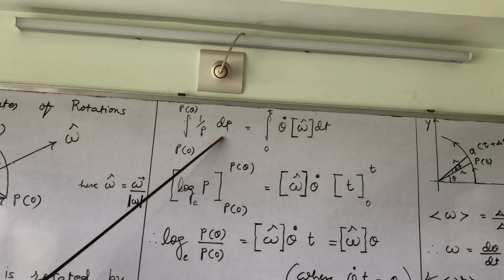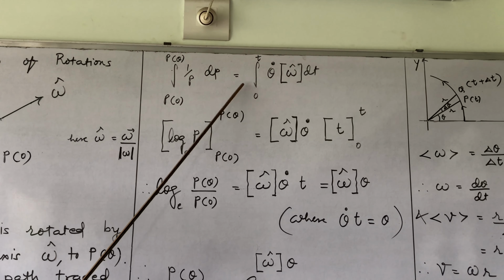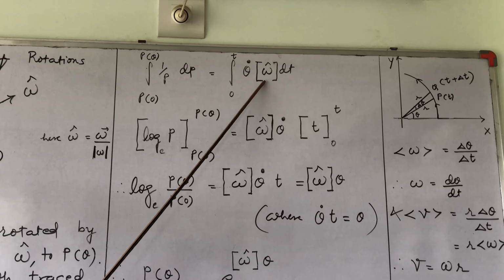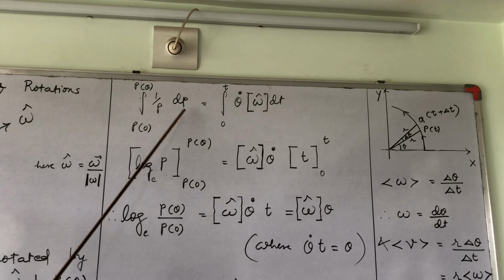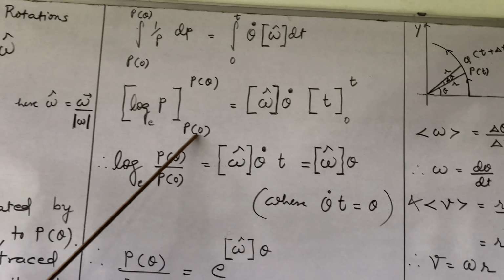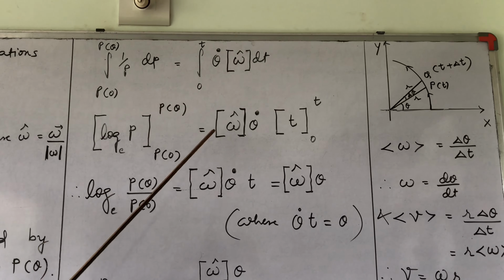The integral of 1 upon p dp from p of 0 to p of theta equals the integral from 0 to t of theta dot times skew symmetric omega cap dt. We know that the integration of 1 upon p is log p to the base e, with initial point p naught and final position p theta.